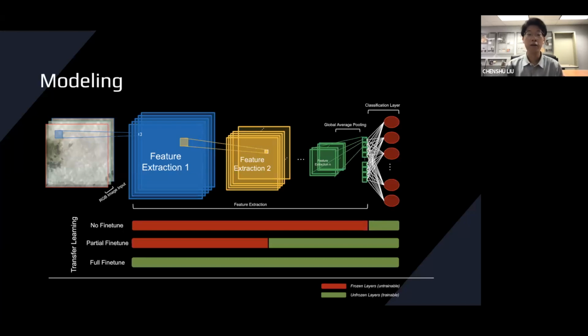And then for the partial fine-tune, we're just partially unfreezing, letting part of the transferred model be trainable, to adapt to the new scenario, and letting the other half be non-trainable and retaining the original knowledge that it has. So usually we just unfreeze the top layers or the layers that are on the left.